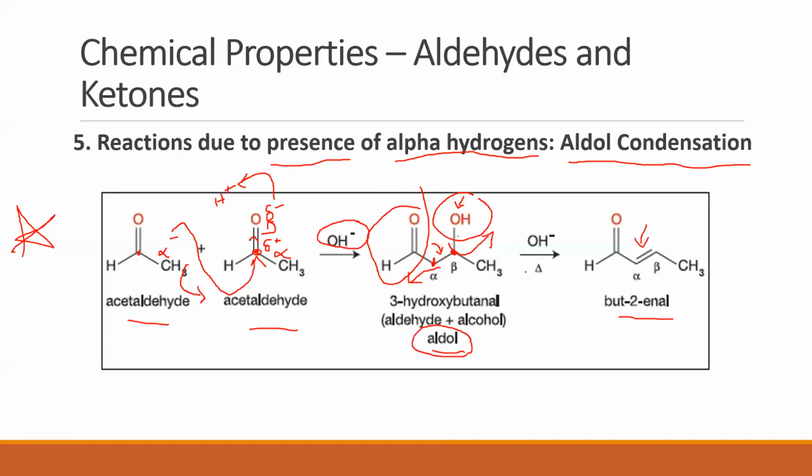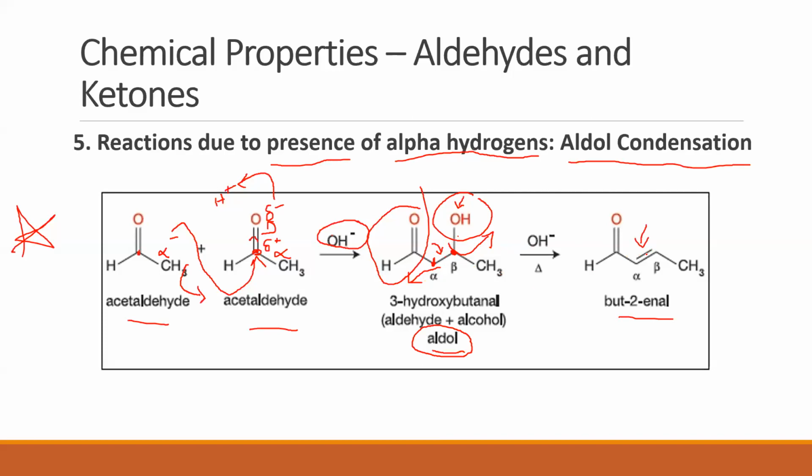Clear? Now this aldol, if there is excess base again, can further undergo dehydration, removal of water. How is water removed? OH minus will be removed from here and H plus will be removed from the alpha carbon. Clear? Removed as water, and in place of that I have a double bond.